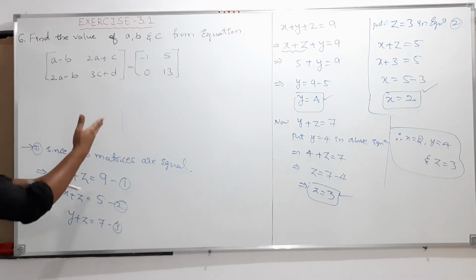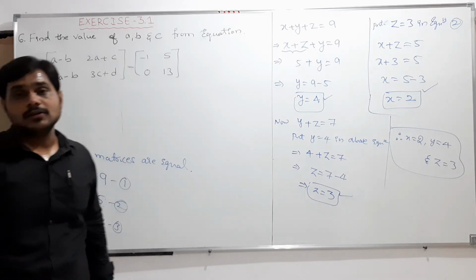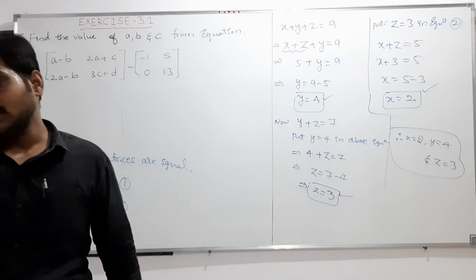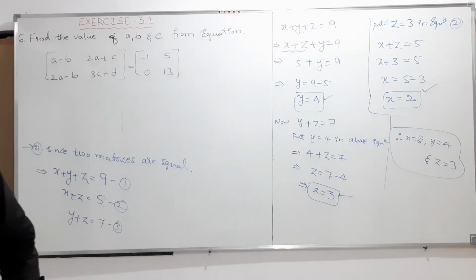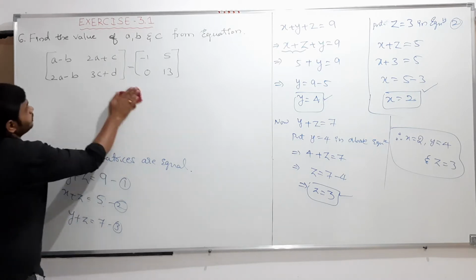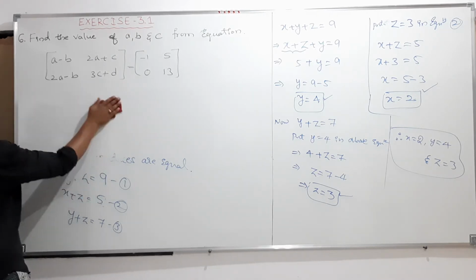This is also a similar type of question. The only difference is that there they asked for x, y, z values, and now they ask you to find the A, B, C values. To calculate that I am going to use the same condition we discussed. These two matrices are equal.